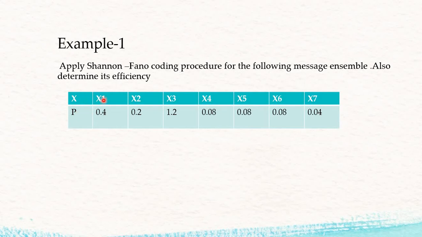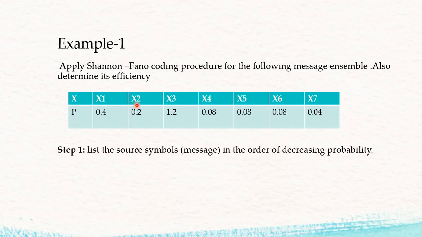We have 7 messages, and the probabilities are: x1 has a probability of 0.4, x2 has 0.2, x3 has 0.12, x4 has 0.08, x5 has 0.08, x6 has 0.08, and x7 has 0.04. So we have 7 messages with their respective probabilities, and first we have to build a Shannon-Fano code and then find its efficiency.